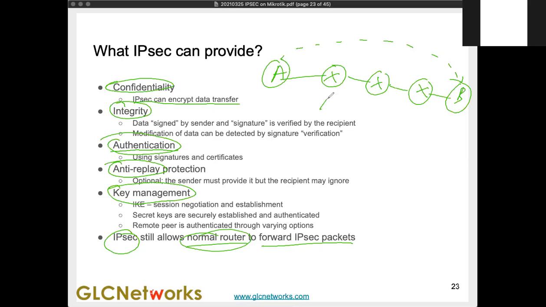All routers here do not have to be aware of IPsec. The router is just a normal router. They just forward the IPsec packets as if nothing happens. That's the beauty of IPsec.